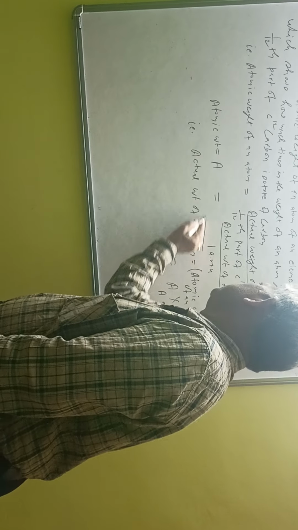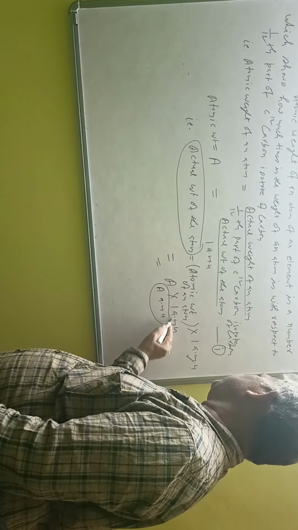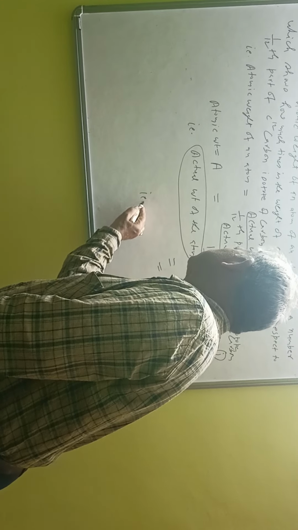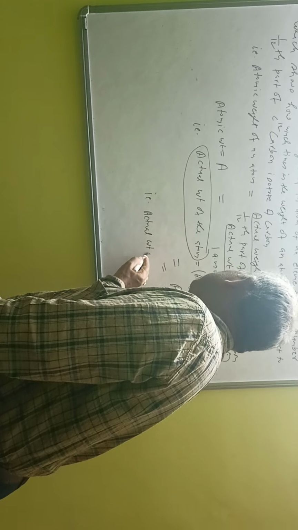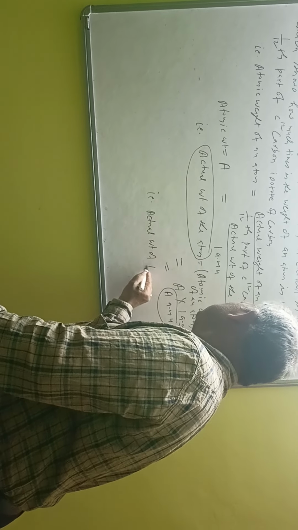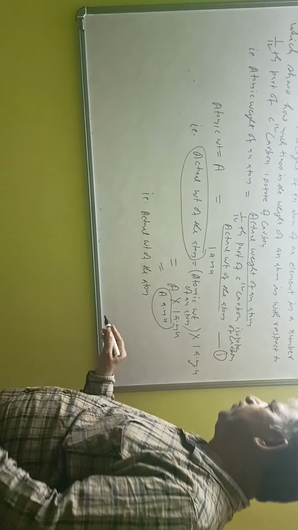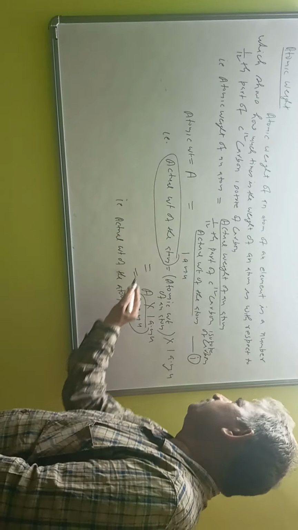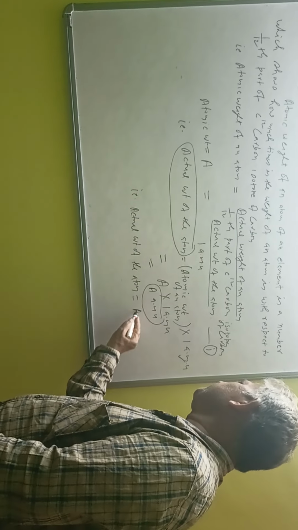So this term is equal to this one. That is the actual weight of the atom whose atomic weight we have to find. So the actual weight of the atom, this value is equal to AMU.